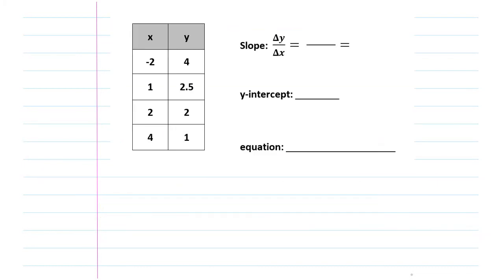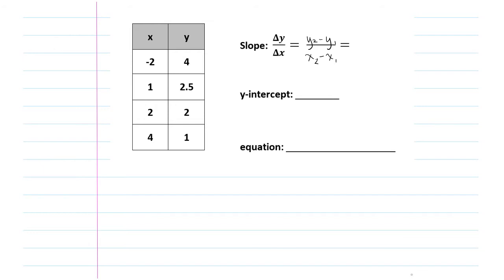Okay, so we've got a table here, and as you know previously, and this is on your formula chart, the change in y over the change in x is y2 minus y1 over x2 minus x1. You can pick any 2 points.